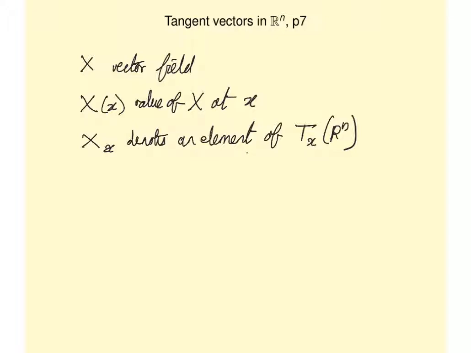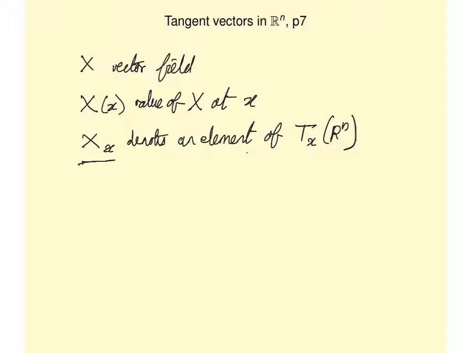So if it's capital X, argument little x, then it's a vector field evaluated at little x. But this notation here, with the little x as a subscript, indicates that it's a single tangent vector at a single point, and that single point is little x.